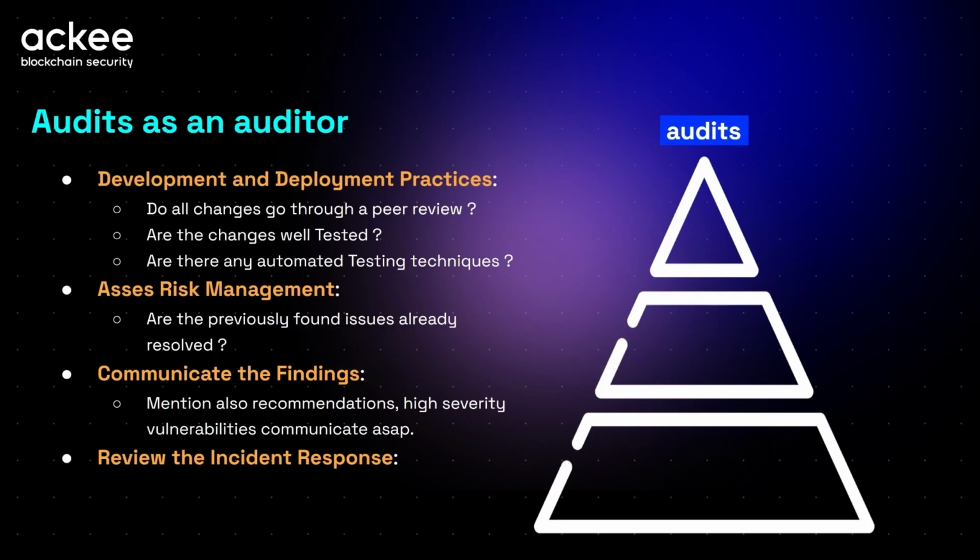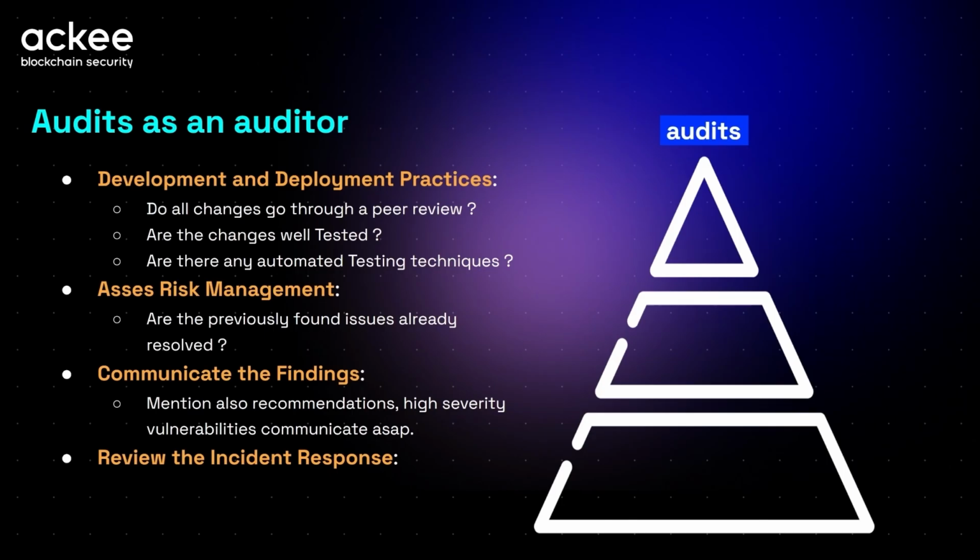And what is also important, review the incident response. As I was talking about, you should test the blue team. So in this case, we need to know as auditors how the team actually monitors the protocol, how the team can actually detect any security issues.